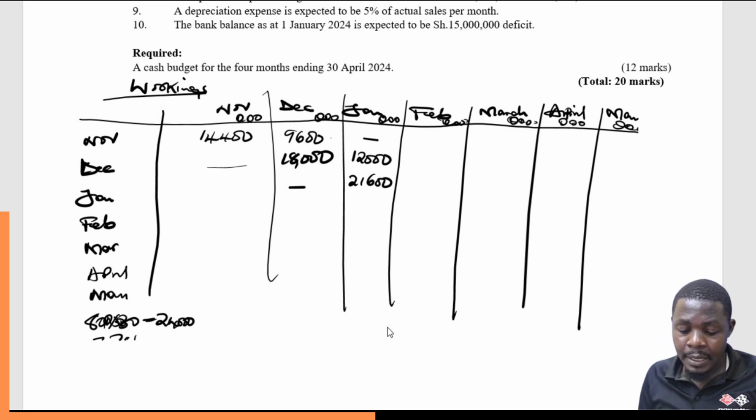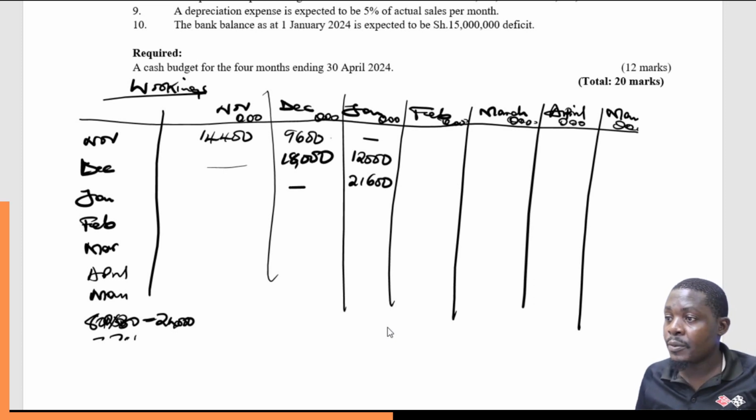21,600. Then the balance, 36,000 minus 21,600, was paid in February.